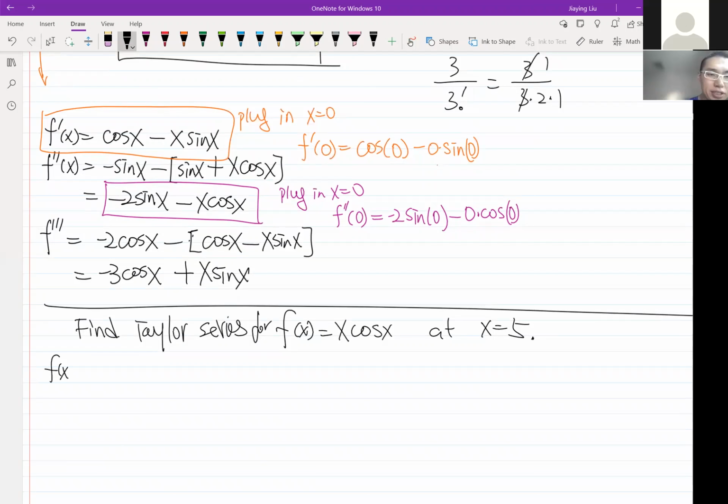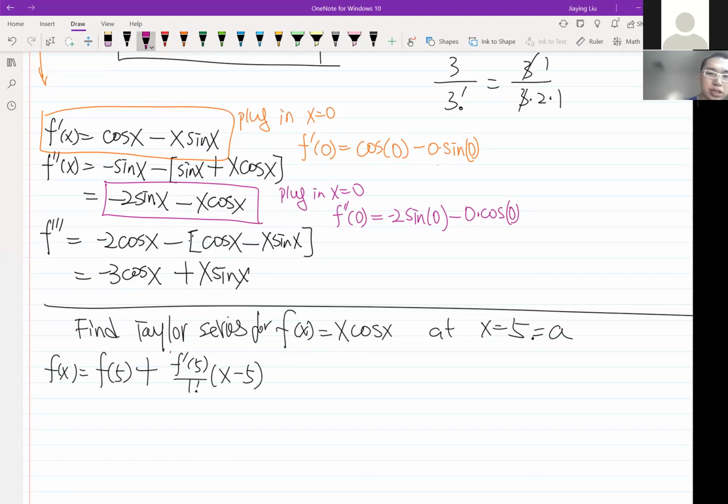So f of x will equal the first term, f with the input 5. This is the a value, so that's f of 5. Then the next term will be f prime with a is 5, divided by 1 factorial, times x minus a, which is x minus 5.